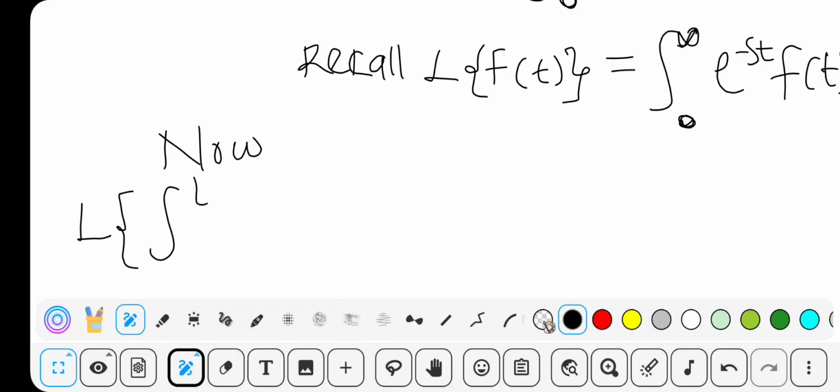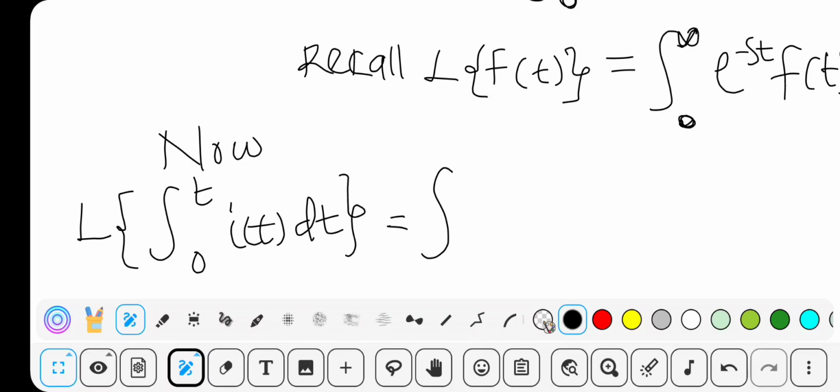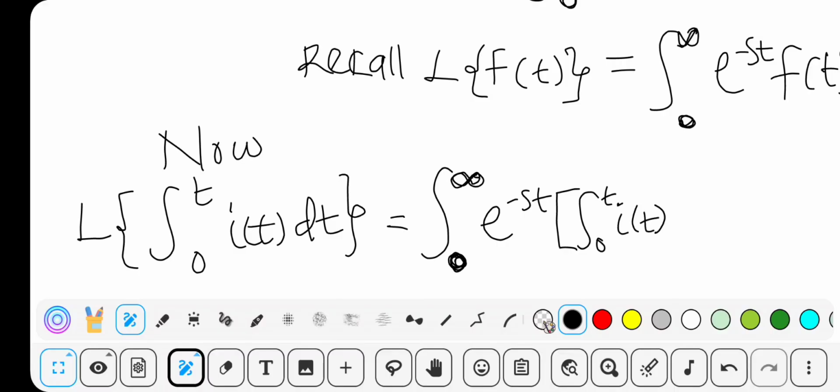So the same thing should be the integral from 0 to infinity of e^(-st) times the integral from 0 to t of i(t) dt, dt again.